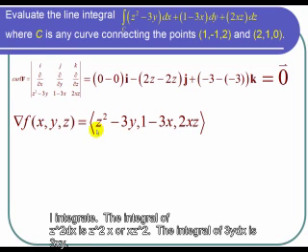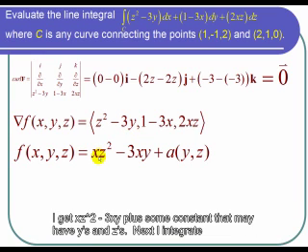So I integrate. The integral of z squared dx is z squared x, or xz squared. The integral of 3y dx is 3xy. So I get xz squared minus 3xy plus some constant that may have y's and z's in them.